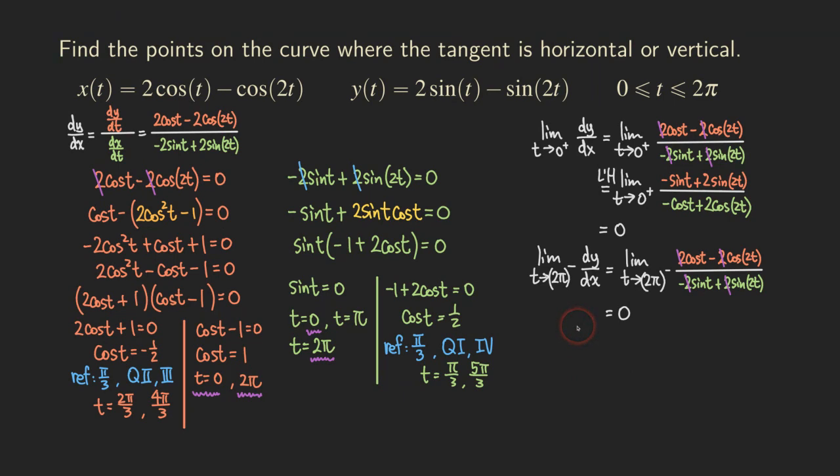Okay, so now how do we actually write down the answer? We can start writing it down already. Basically we are just going to say that the tangent is horizontal when we are at the locations, let me see.